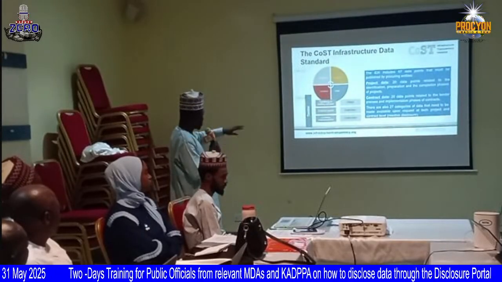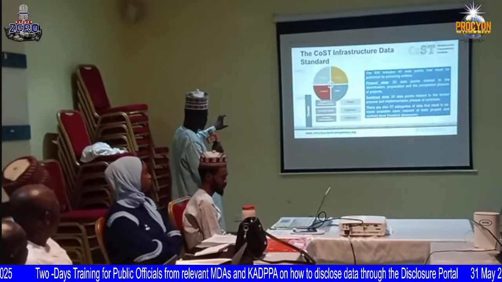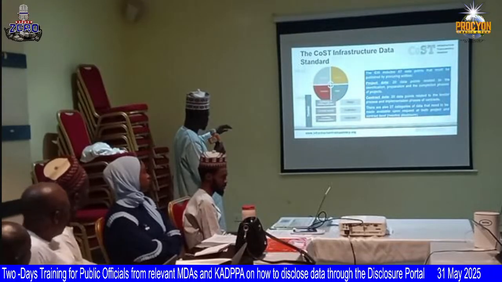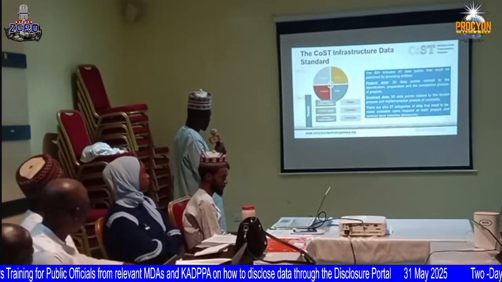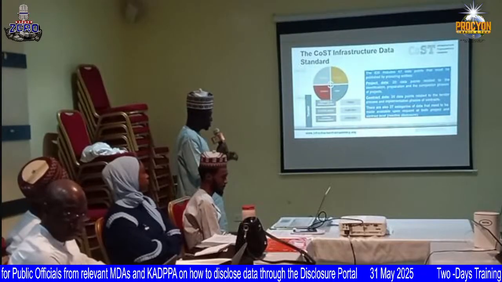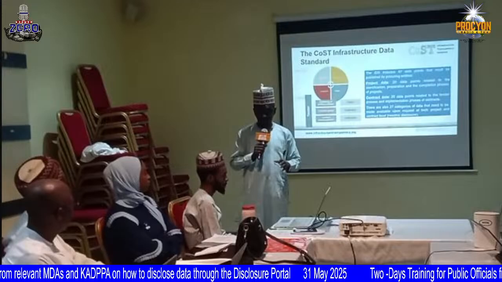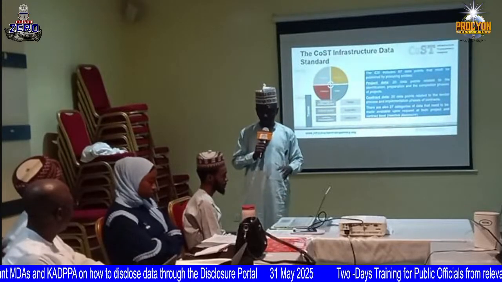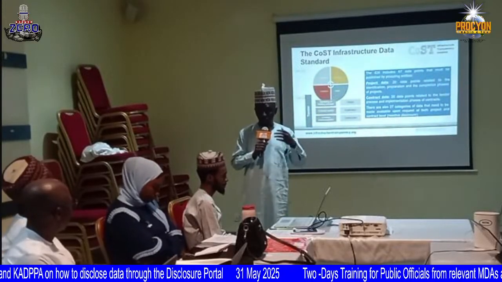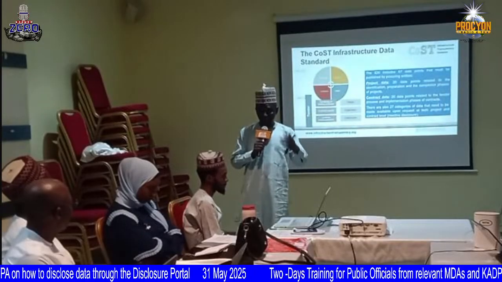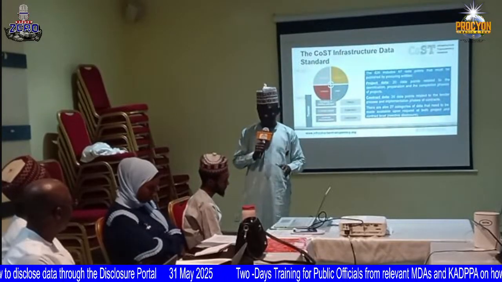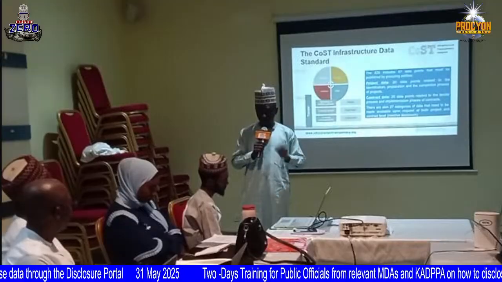Then we have the contract data, which has to do with the tendering, the bidding process, contract award, and then contract implementation. So these 20 data points are actually proactive disclosure. It's mandatory proactive disclosure. That is, the MDAs are going to be publishing them as part of their routine service delivery, not on request.